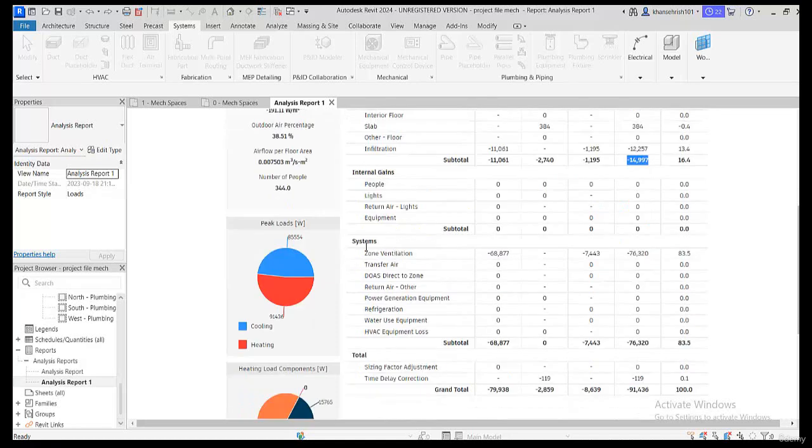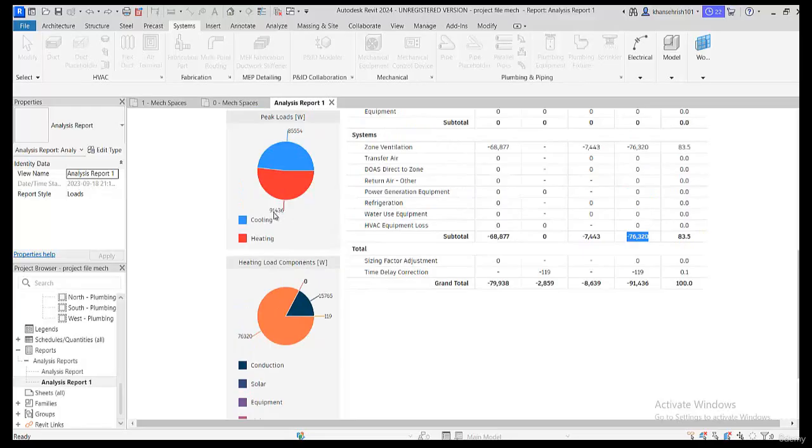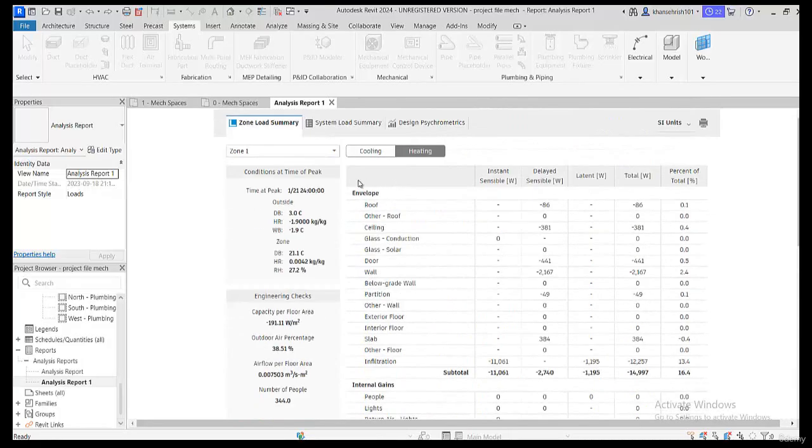The total heat loss through zone ventilation is approximately 76,000. So the heating we require is 91.4 kilowatt. We know we require 91.4 kilowatt heaters for heating in winter.